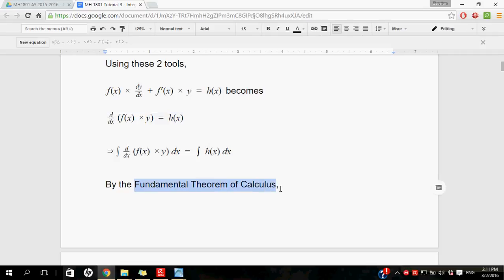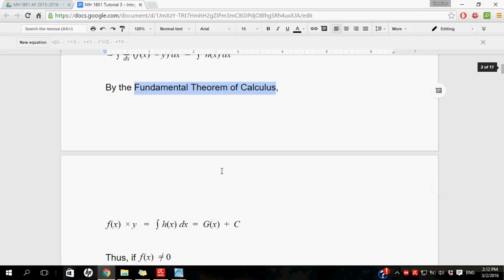Using the fundamental theorem of calculus, differentiation and integration are sort of inverse to each other. So in a sense, they will cancel and give us f of x times y. On the right-hand side, we will have an integral to deal with.